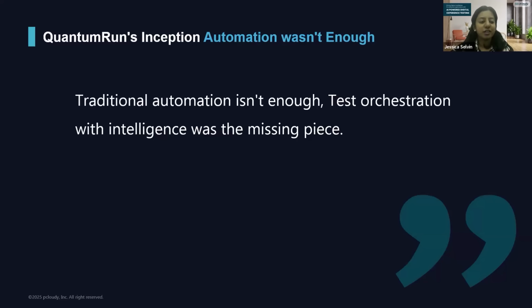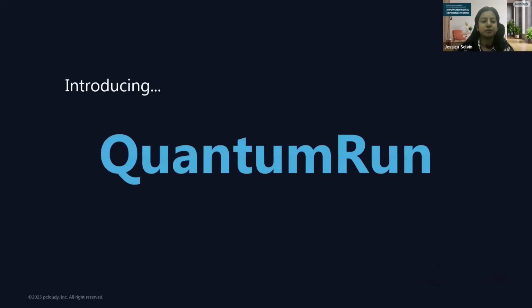So to reiterate, traditional automation isn't enough, and with these factors, test orchestration with intelligence will be the missing piece. Having intelligence for your automation script development, and intelligence and orchestration in your execution as well, is the missing piece to ensure higher efficiency.